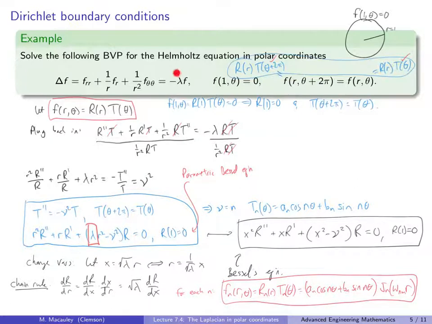So in other words, the eigenvalues are of the form omega nm squared. And if the radius were not equal to 1, say the radius were a, we would have to divide by, I think, either a or a squared. But just to make things as simple as possible, we're going to assume that the radius is 1.